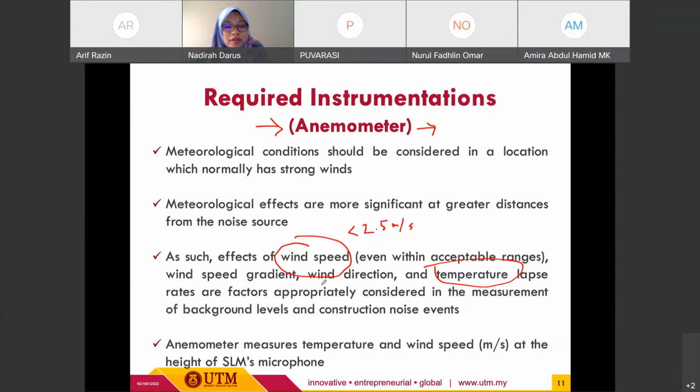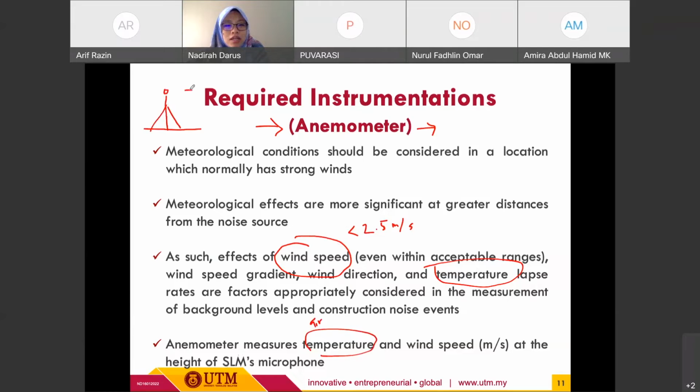So it is very essential for us to include this measurement as part of the noise monitoring. As I mentioned, the anemometer measures air temperature and wind speed at the height of the sound level meter microphone. Looking back at the microphone setup just now, this is the tripod and this is the microphone.